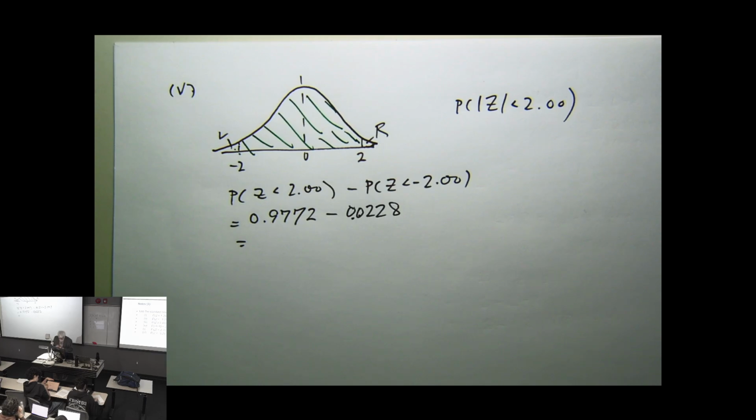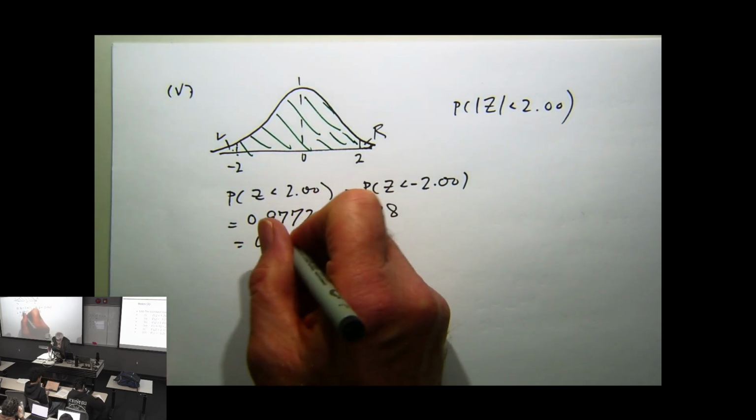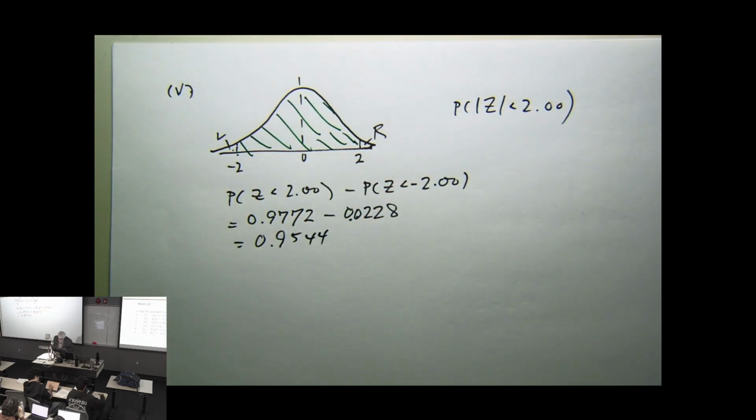It's 0.9544. So 0.9544 is within plus and minus a z of 2, and we'll see that that corresponds to 2 standard deviations from the mean. So about 95% of the observations are within 2 standard deviations of the mean. Now we could ask ourselves, exactly where do we get 95% of the standard deviations from the mean?